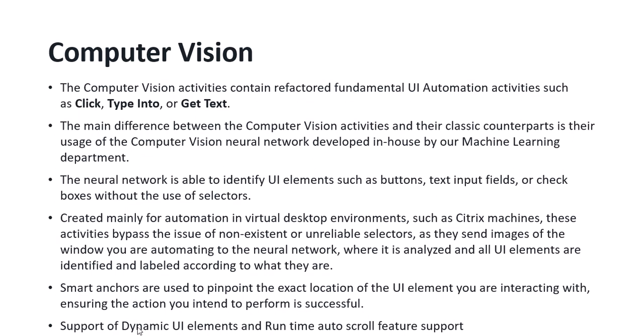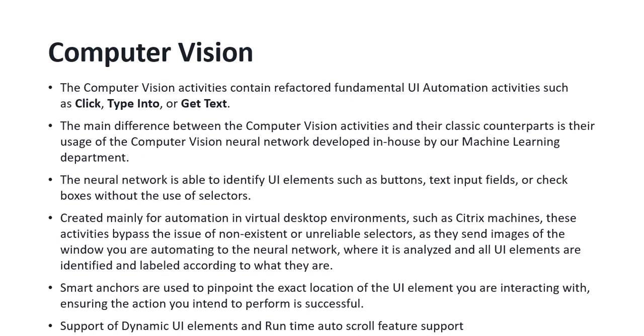And the next one is support for dynamic UI elements. If the structure of your application is dynamic, and the content is generated dynamically, and you don't have fixed elements, like some applications developed with Pega, which we know always has a dynamic structure, then you can use computer vision, because it supports dynamic UI elements.